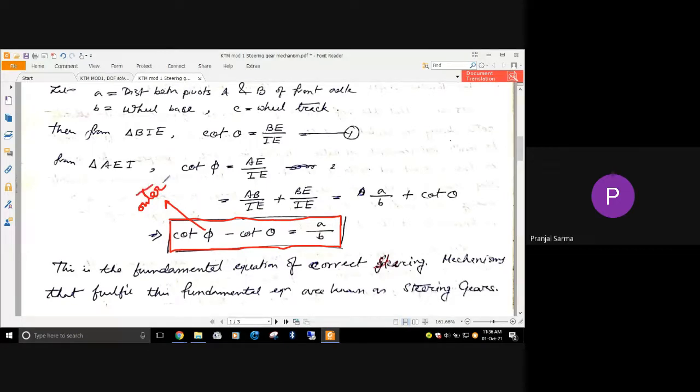The Davis steering gear has sliding pairs, and because of that more wear and tear was there. This is for theta, the inner front wheel.